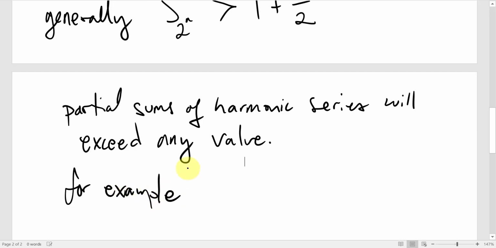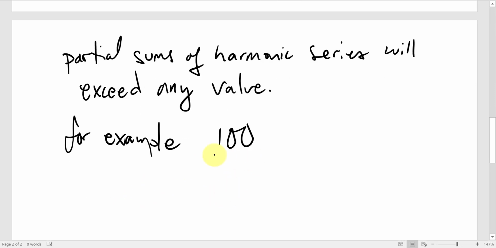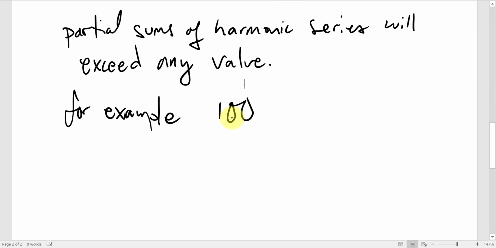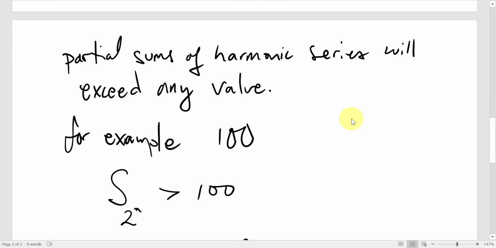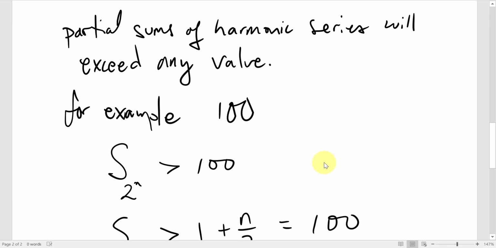For example, let's suppose you have 100, right? So if we can add enough terms of the harmonic series, we'll pass 100. So what I'm saying here is the partial sums of the harmonic series will exceed any value. For example, 100, I could figure out what partial sum will exceed 100.